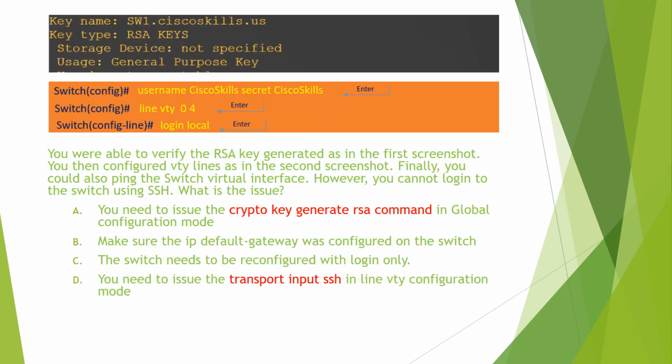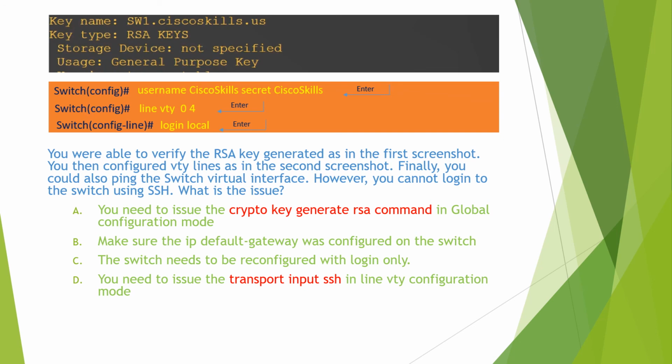The question reads, you were able to verify the RSA key generated as in the first screenshot. You then configure VTY lines as in the second screenshot. Finally, you could also ping the switch virtual interface. However, you cannot log into the switch using SSH. What is the issue?